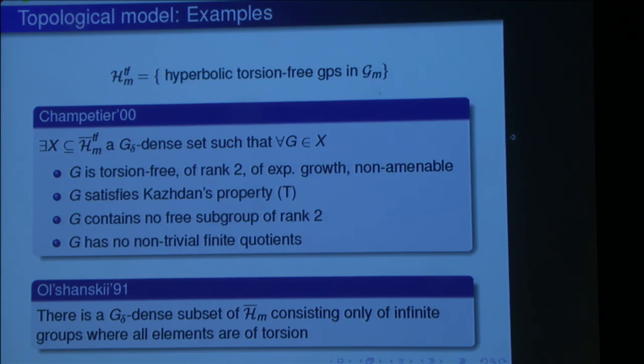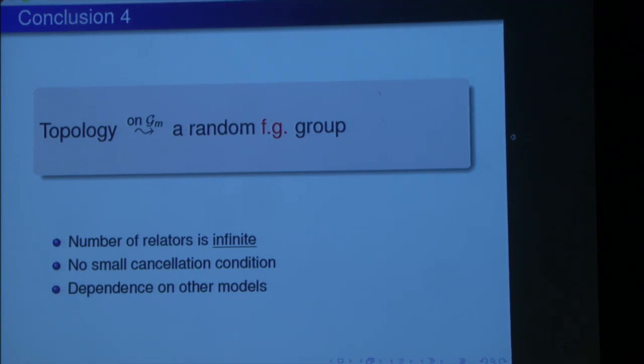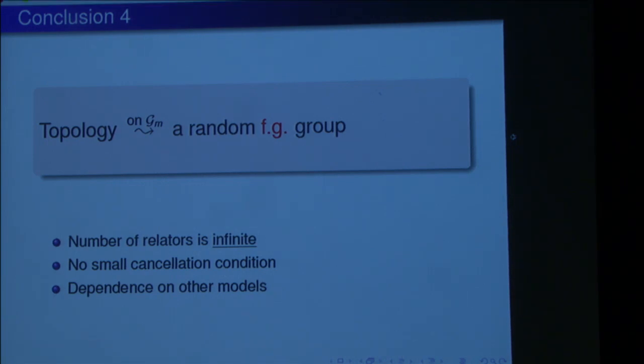I discuss it only very briefly. Okay. Great. So again, the summary: you can define it. You should combine your knowledge and this natural topological idea of considering a G delta dense subset, to discuss randomness from the topological point of view, and the number of relators is infinite in general. These are limits in this space.